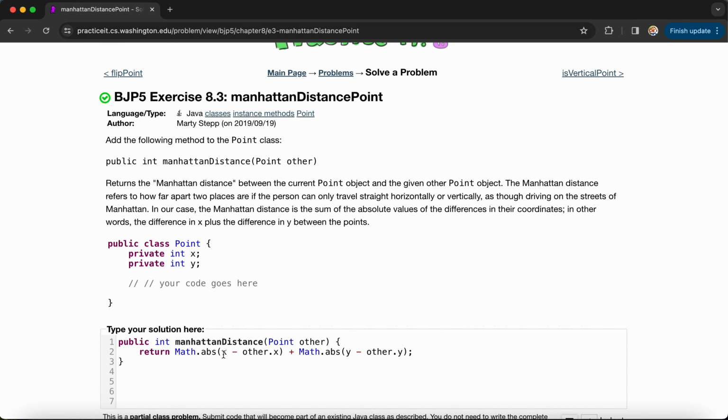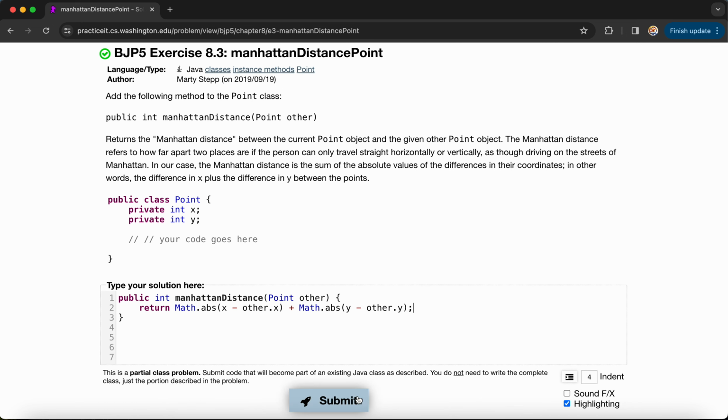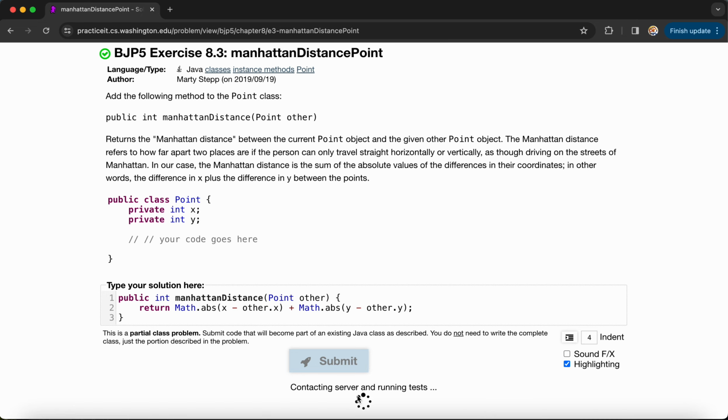So this is the absolute value of the difference of the x coordinates, and the second part over here is the absolute value of the difference of the y coordinates. And again, other is just the other point, so x1 minus x2, and this is y, so y1 minus y2 basically. So let's submit that and make sure we did the problem correctly.